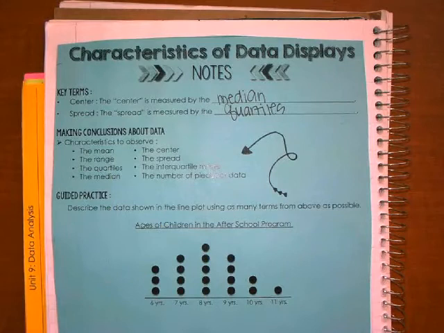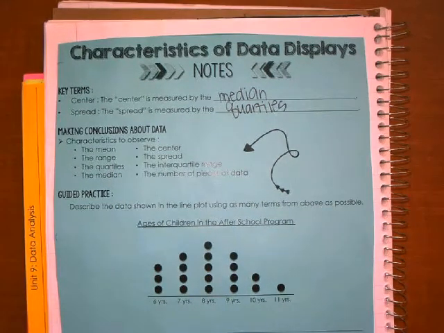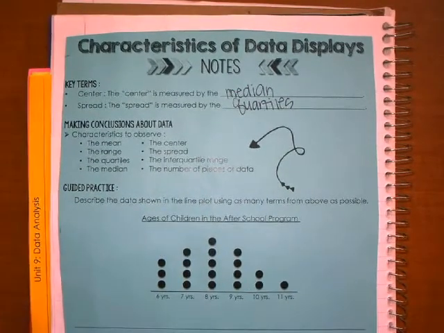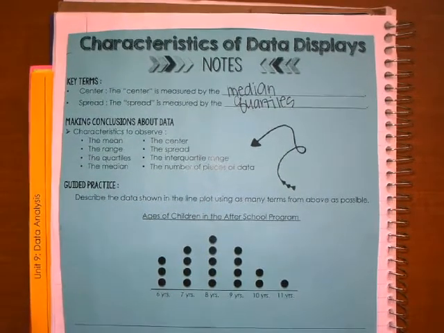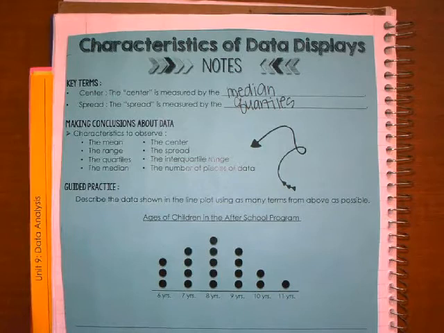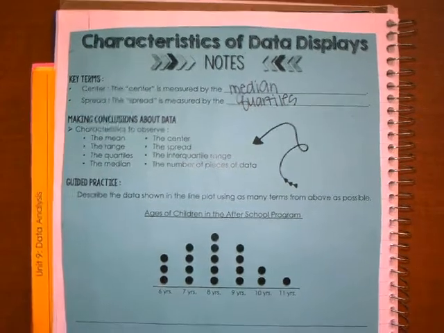So here's some things that we can do when making some conclusions about data. When you're looking at something and they're asking you to describe the data, there are so many different ways that you can describe it. You can describe it based off the mean, meaning the average of those numbers. You can describe it based on the range. How far spread apart are those numbers?